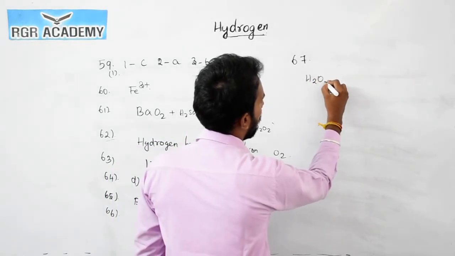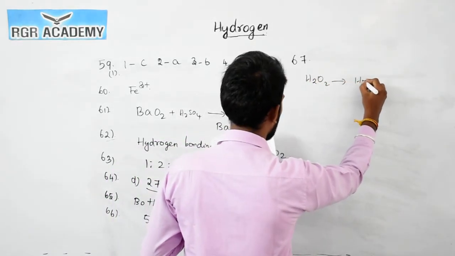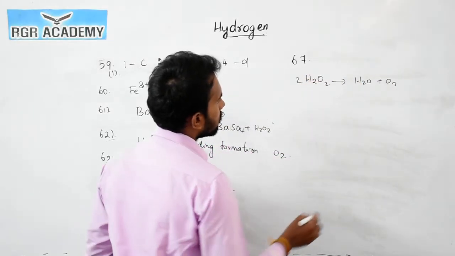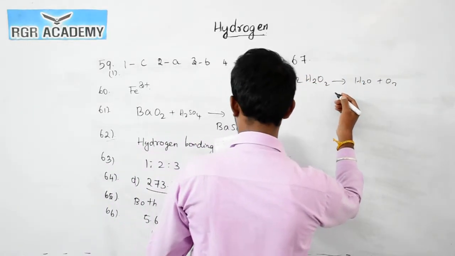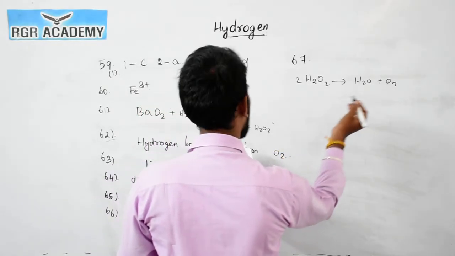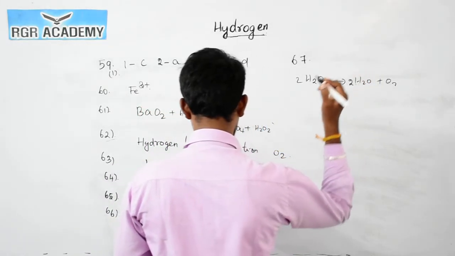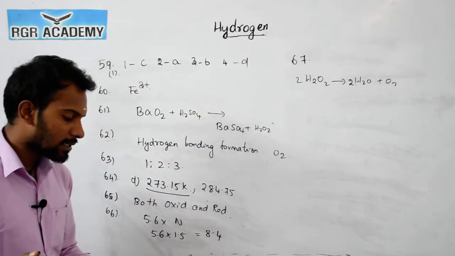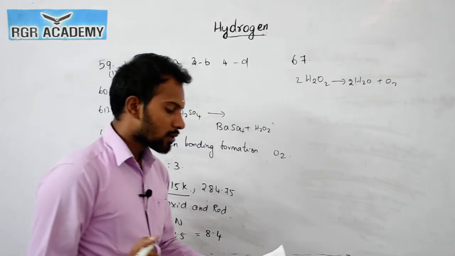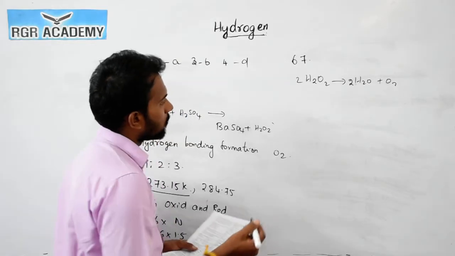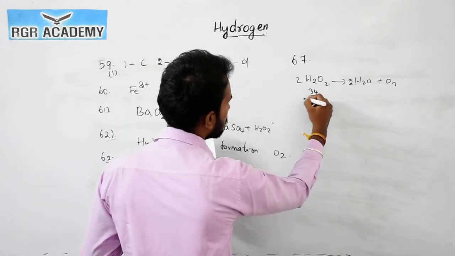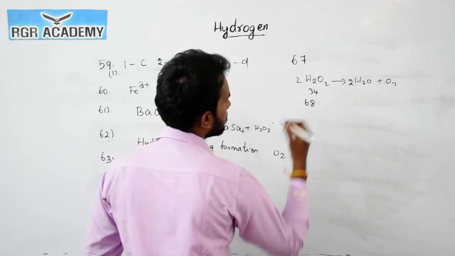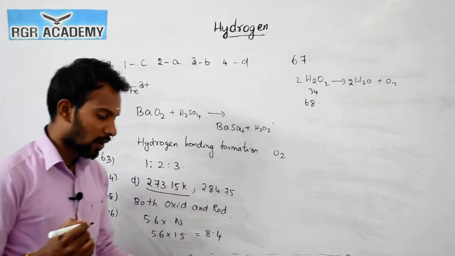H2O2 on heating gives H2O plus O2. So balance this reaction with 2, so there are 4 oxygens: 2H2O2 gives 2H2O plus O2, right? What is the weight of H2O2? Here it is 34 gram. So 2 into 34 is 68 gram of hydrogen peroxide.